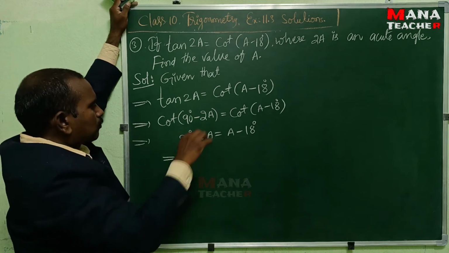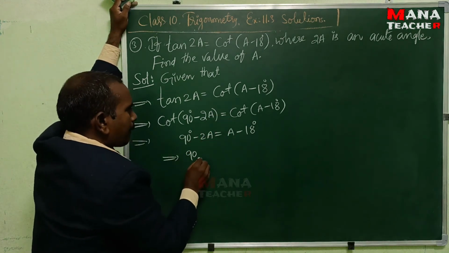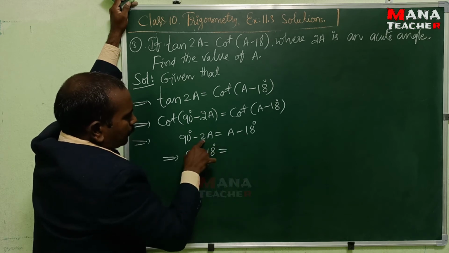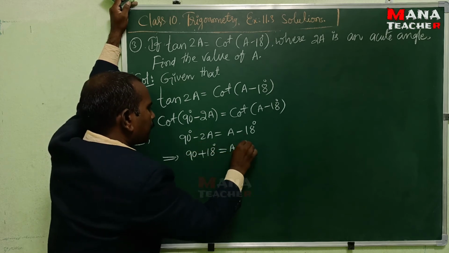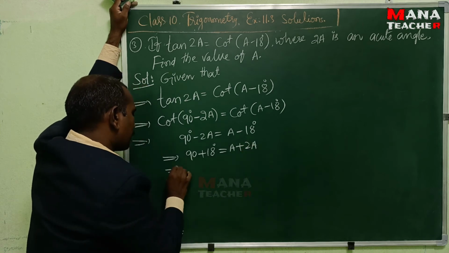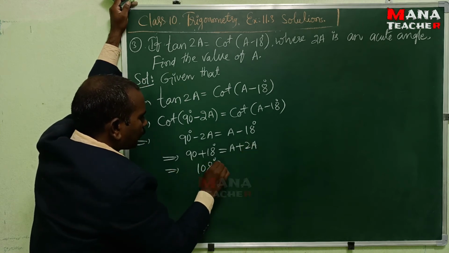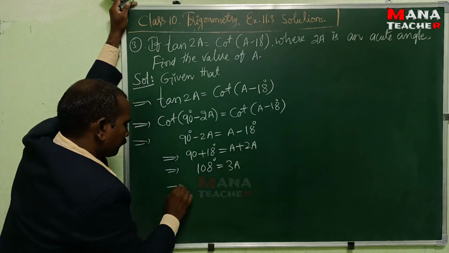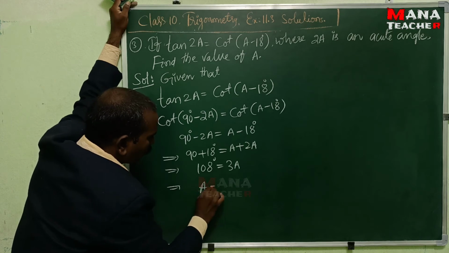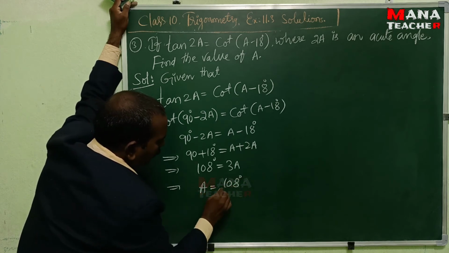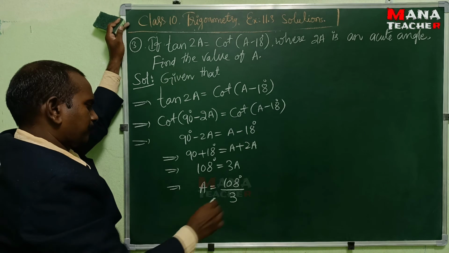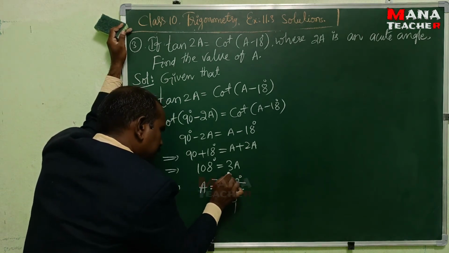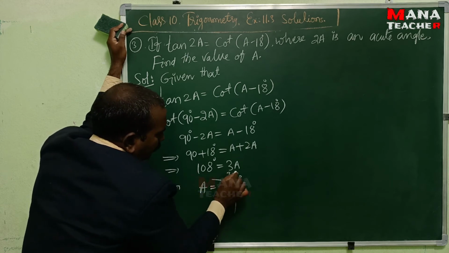Now 90 plus 18, and again A plus 2A, that equals 108 degree equals 2A plus A, 3A. A equals 108 degree by 3. Here 3 ones are 3, 3 threes are 9, 3 sixes are 18.